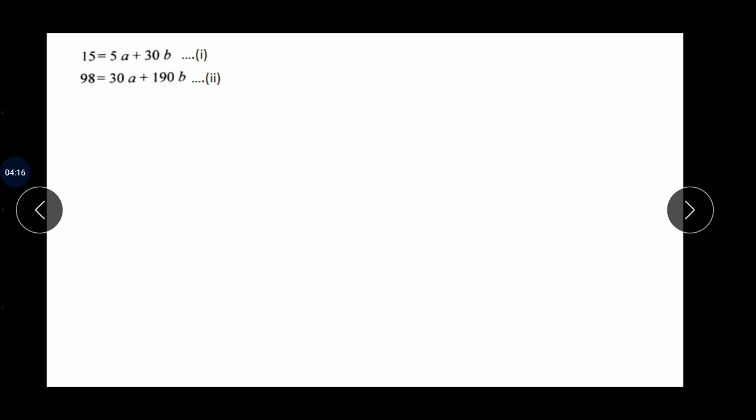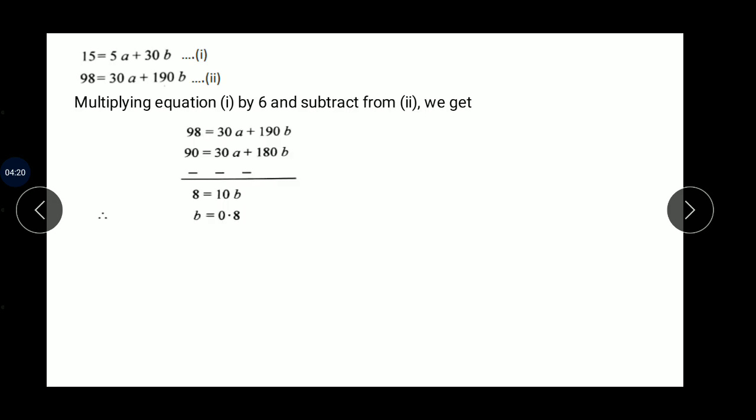Now we have to solve these two equations. How will we solve them? We'll multiply equation 1 by 6 and subtract it from equation 2. After we multiply equation 1 by 6, we get 90 = 30a + 180.